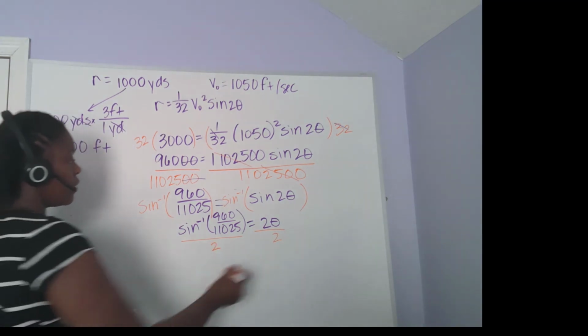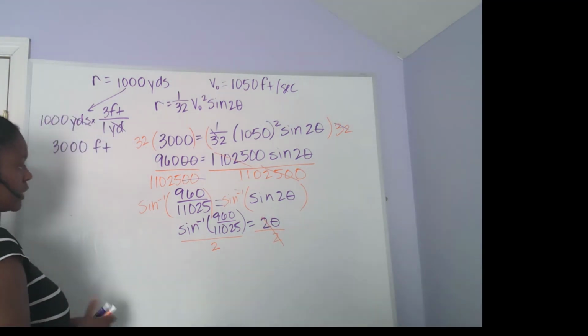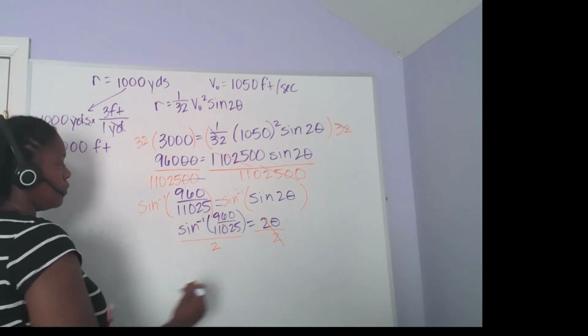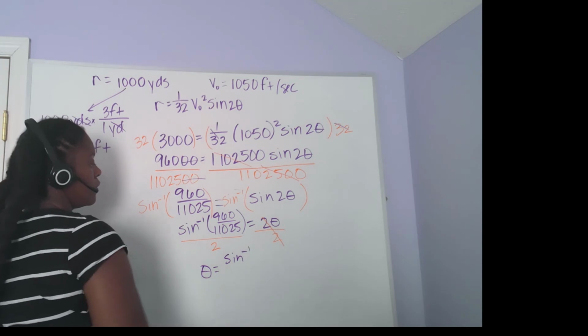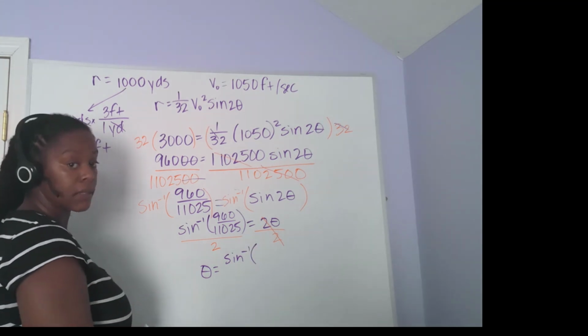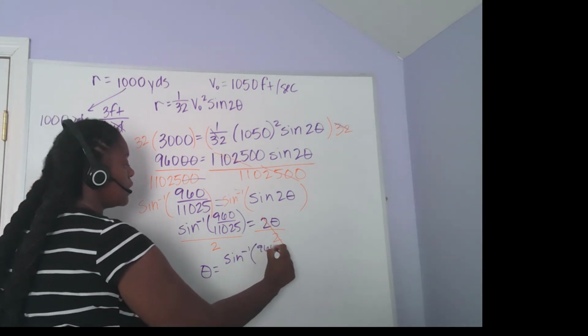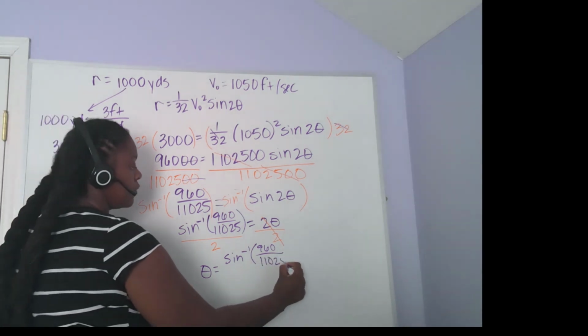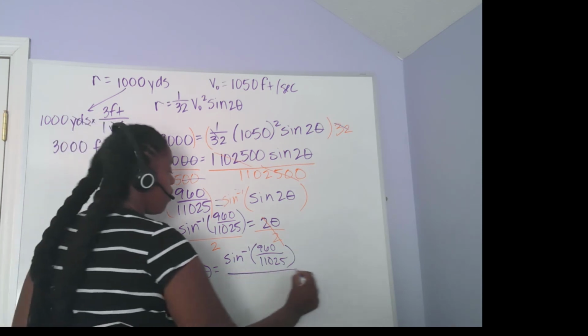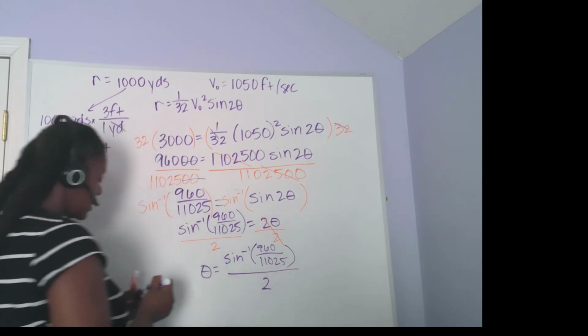So what you're essentially going to be doing is typing into your calculator what you see here on the left. You're going to type in sine inverse, open parentheses, 960 divided by 11,025, all over 2. Don't forget to close parentheses.